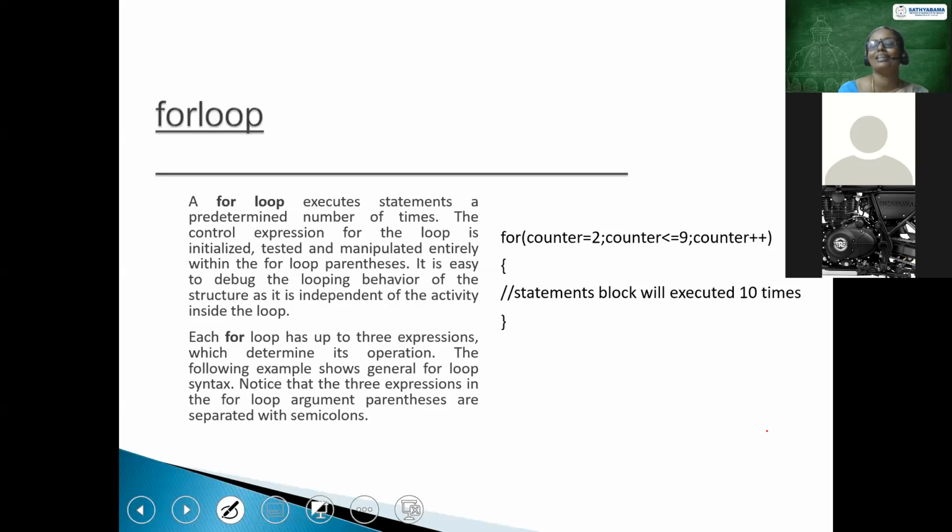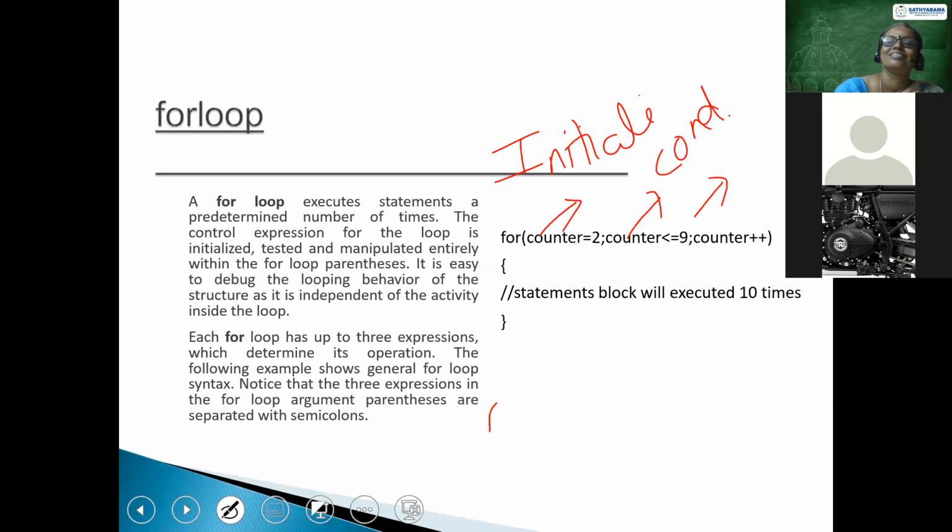Okay, for loop, I think you all know about for. Often we use it. So for, what is the syntax? Initialization, condition, increment or decrement. Very good. First one is initialization, the next one is condition, and the next one is increment or decrement.